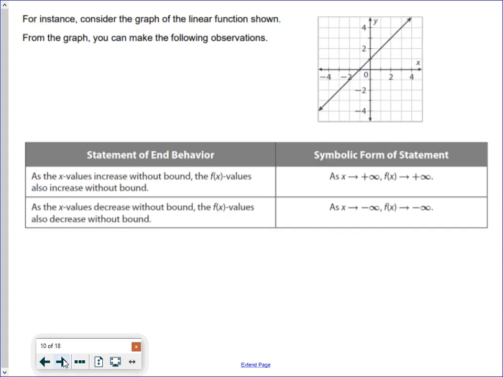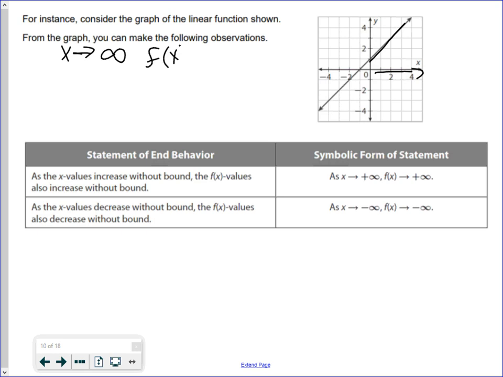So we have this graph right here, a regular linear function. So we're going to figure out what its end behaviors are. As x goes to positive infinity, we need to see where the y values are going as x increases. As we go to the right of the graph, as x slowly increases, we can see that the f of x, or the graph itself, is increasing.